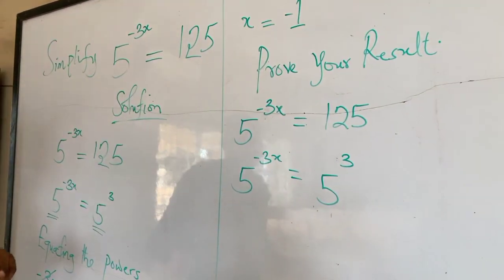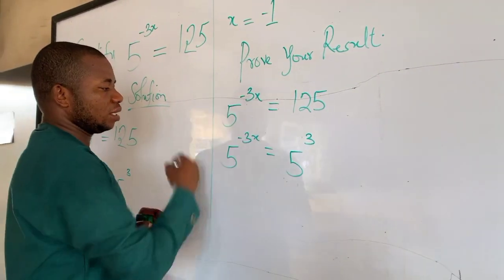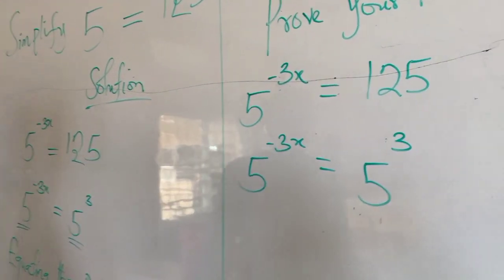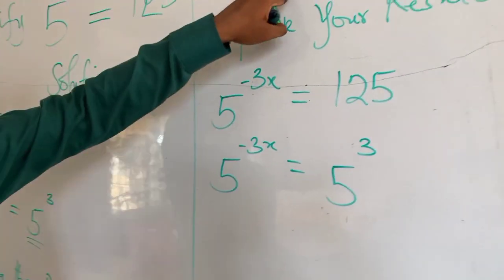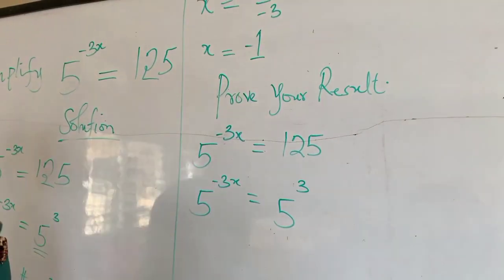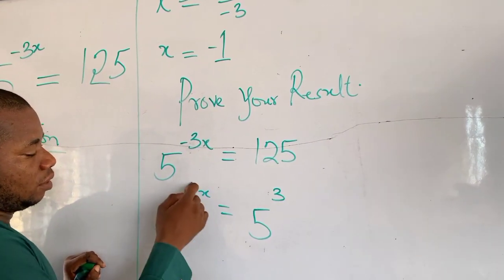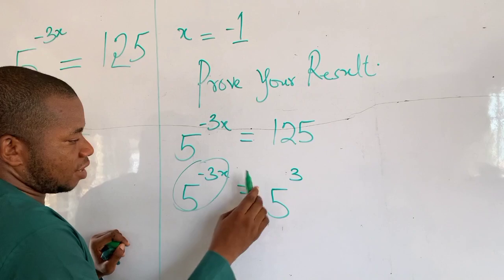Now, I want to prove if this is actually correct. Now we say that our x is what? What do we get our x to be? -1. So we want to prove that this particular thing here is equal to this.